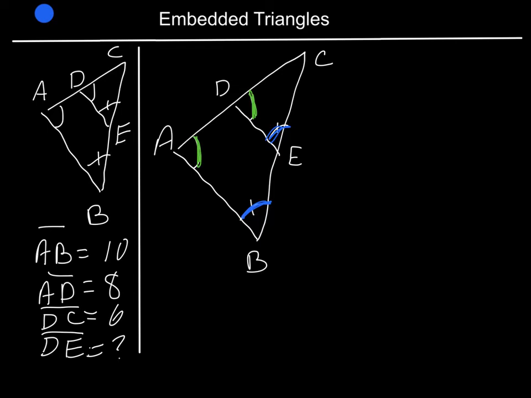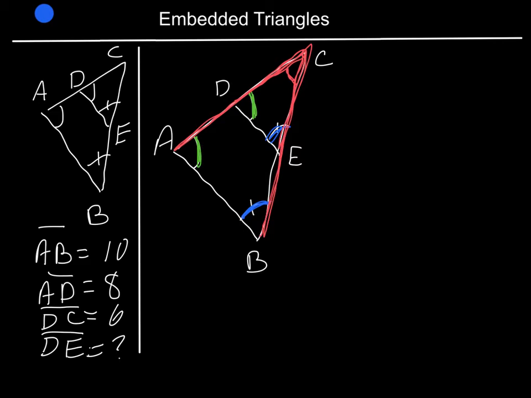The third angle is the one that students don't see very well, and it's what's called the embedded angle. This embedded angle right here is the same for DCE, it's for that part of the triangle, and it's also for ACB. So the embedded angle counts for both the big triangle and the small triangle.